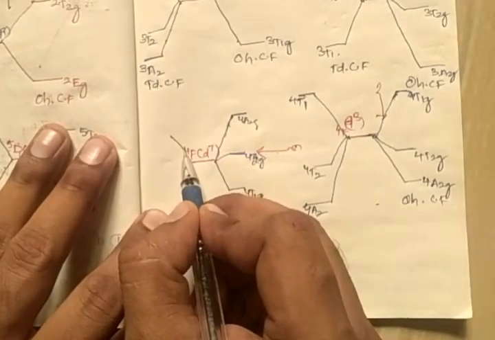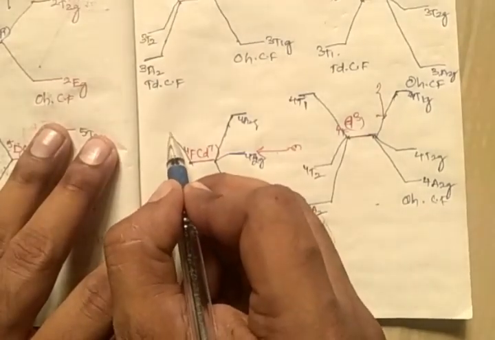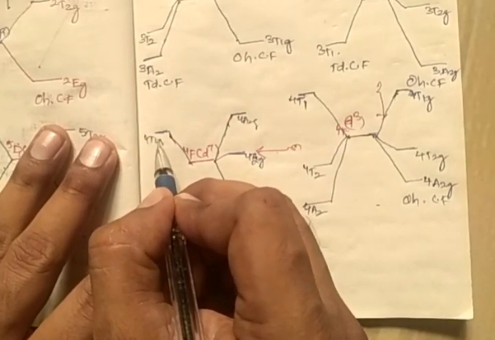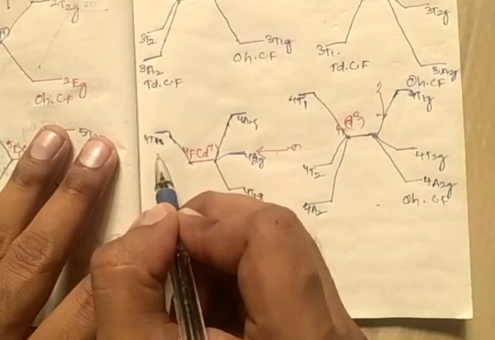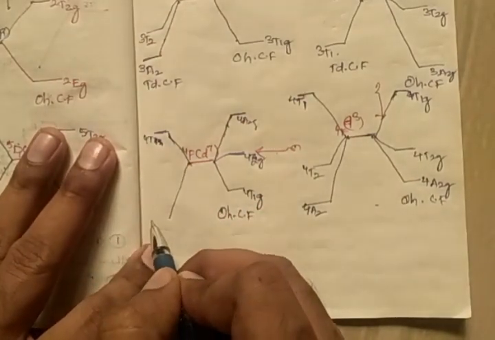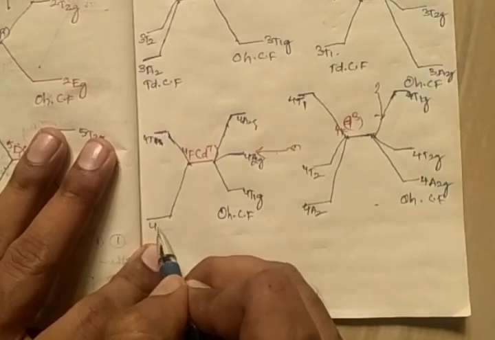Coming to the tetrahedral crystal field, the highest energy state will be 4T1, there is no g subscript, and the lowest energy state will be 4A2.